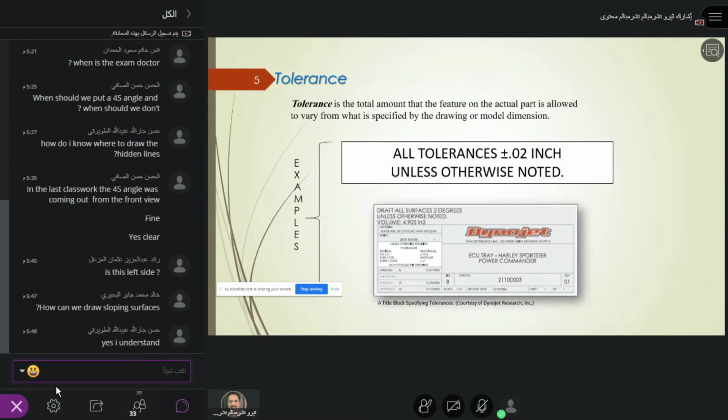Tolerance is the total amount of variation of that piece. Tolerance we will see later, but this is what I used to say about the nameplate. This is the company name. So first in your nameplate, you should write University of Jeddah UJ. That would be much more professional. And then your name, your number.